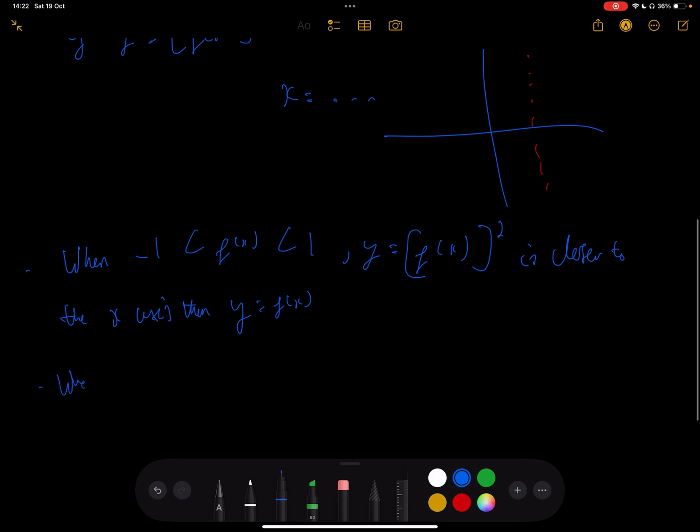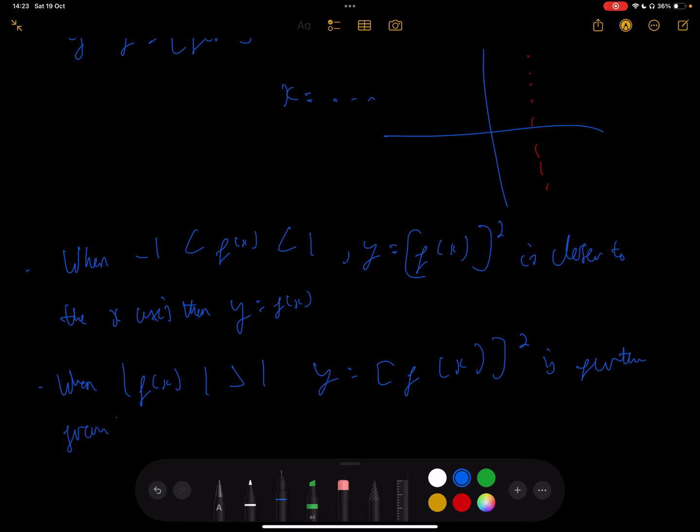And when the modulus of f of x is greater than 1, the graph y is equal to f of x squared is further from the x-axis than y is equal to f of x.